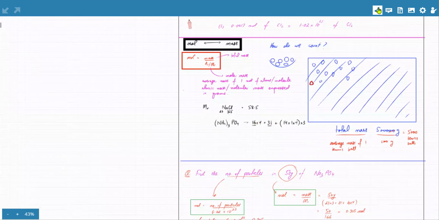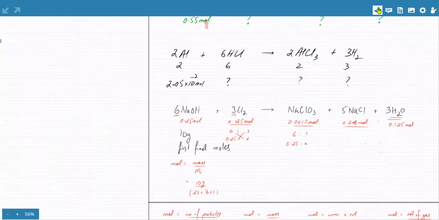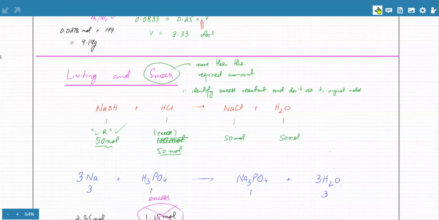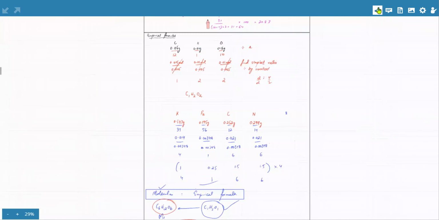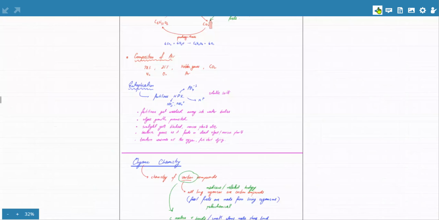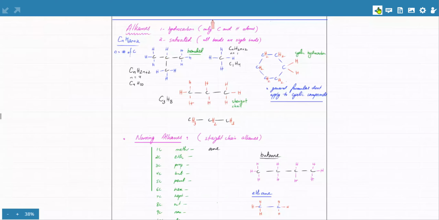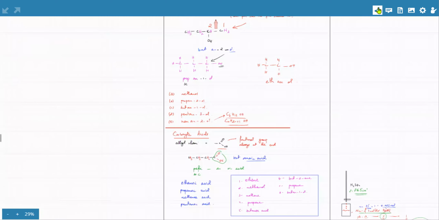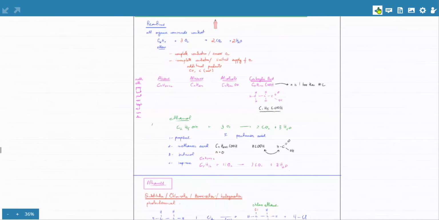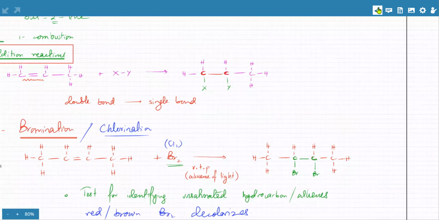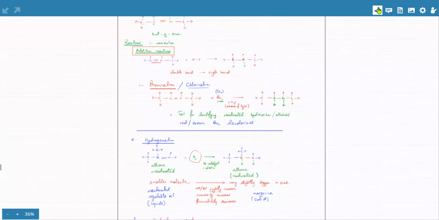Okay, so this is alkenes, and I told you that all alkenes. So let's go through all the reactions of alkenes.